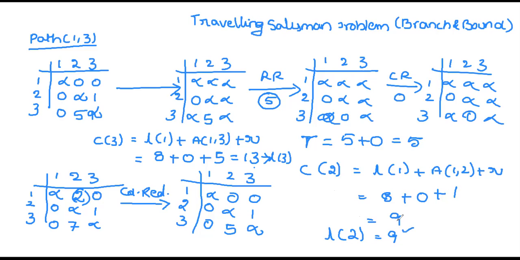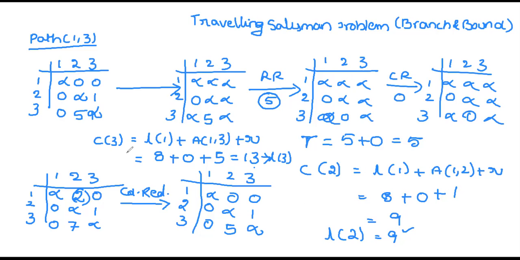That's why for the next step we will consider the matrix which was calculated while computing the path 1 comma 2. That matrix is taken as input for the next step. That means while calculating the path 2 to 3.